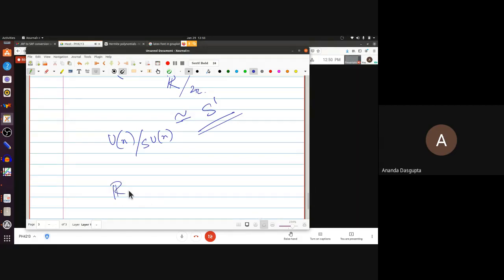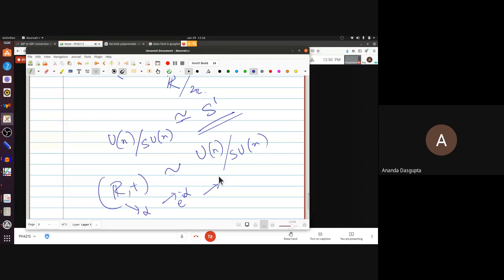Well, R plus actually is homomorphic to UN by SUN. Right? Because we can easily show that the map that we were talking about, give me any real number alpha here, I get an e to the I alpha, right? From here, alpha maps into e to the I alpha, no problem. That's a complex number of magnitude 1.